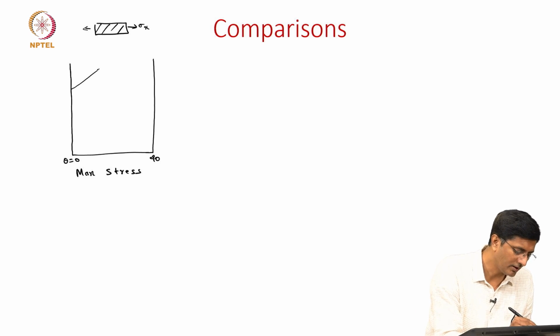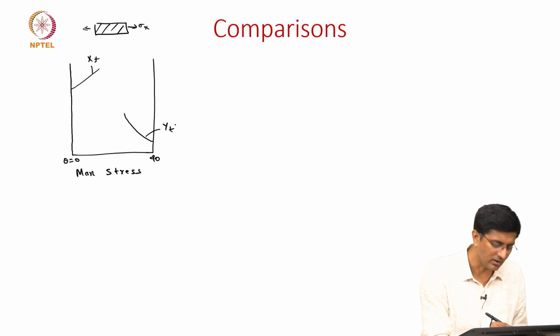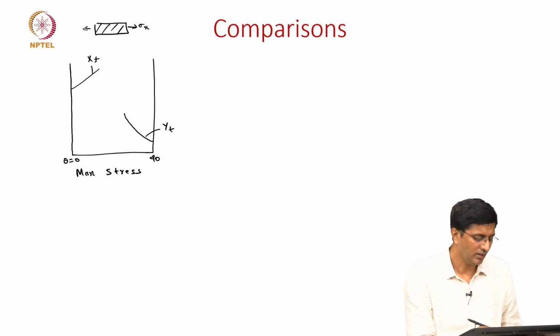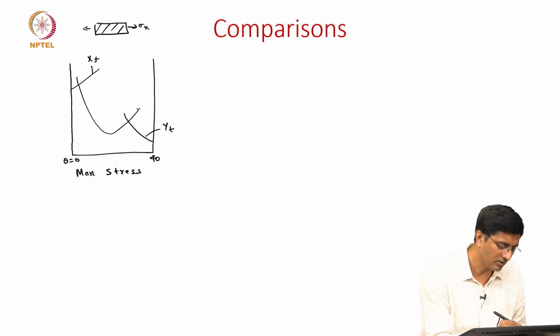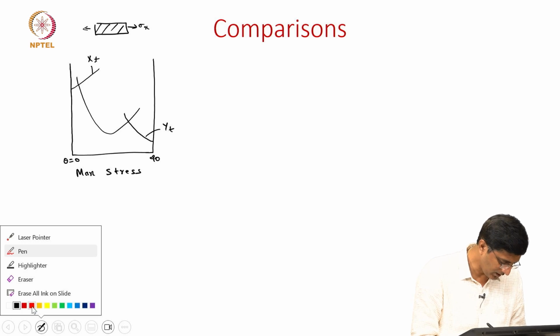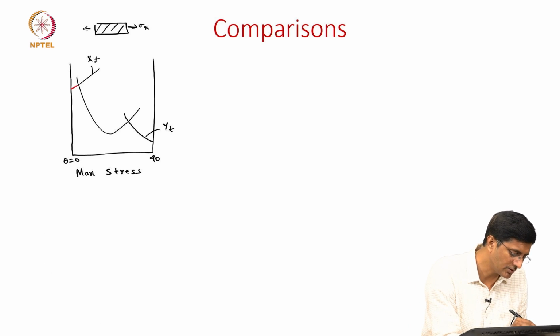So you have one criteria coming from along the fibers, which is dictated by xt, and the other coming from yt, which is coming perpendicular to the fibers. And then there is, because of shear, we had one more failure criteria, but we said design will be with the least strength. So we said this is the failure curve we need to focus on.